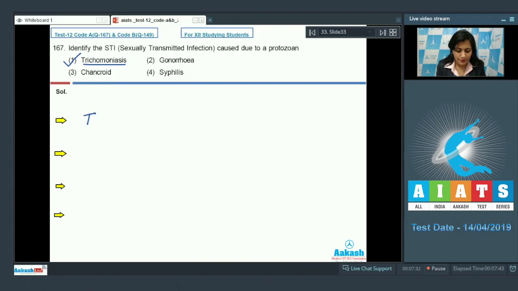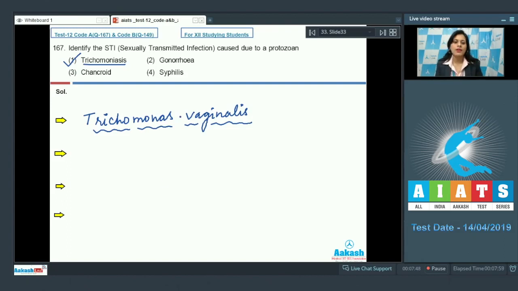Trichomoniasis is caused by a flagellated protozoan, Trichomonas vaginalis, which causes trichomoniasis. Whereas other three options, gonorrhea, chancroid and syphilis, cannot be the correct answers because these diseases are caused due to bacteria. Gonorrhea or clap is caused by bacterium Neisseria gonorrhea.